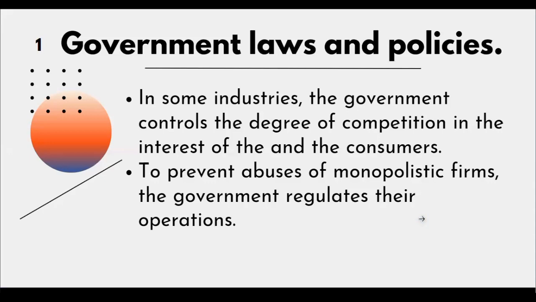In the case of transportation and communication, the government may require only one or two firms to operate in certain regions of the country. To prevent abuses of monopolistic firms, the government regulates their operations. So that is the role of government laws and policies.